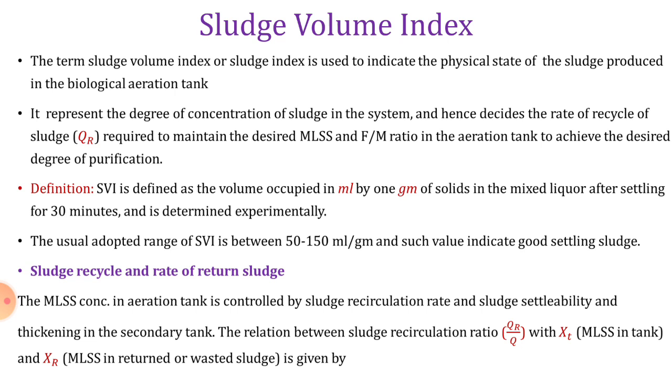Sludge recycle and rate of return sludge. The MLSS concentration in the aeration tank is controlled by the sludge recirculation rate and sludge settleability and thickening in the secondary tank.